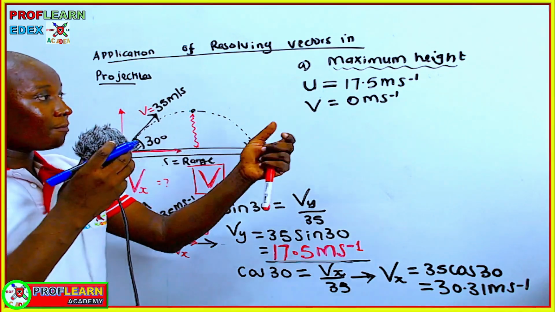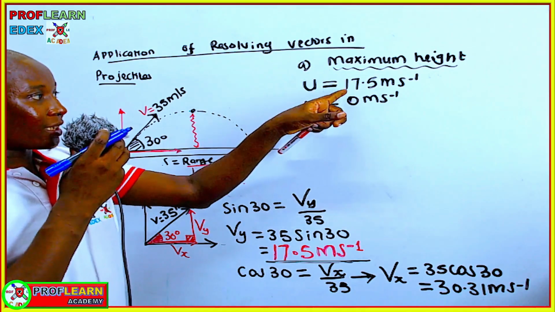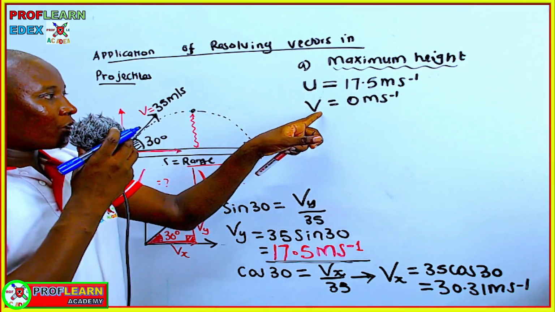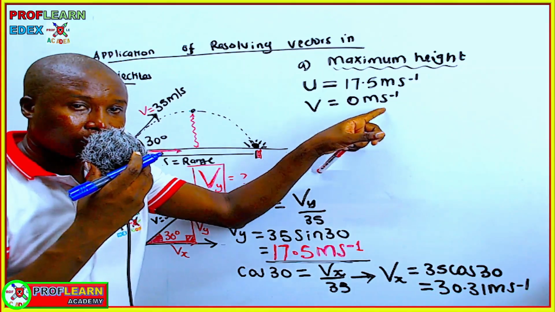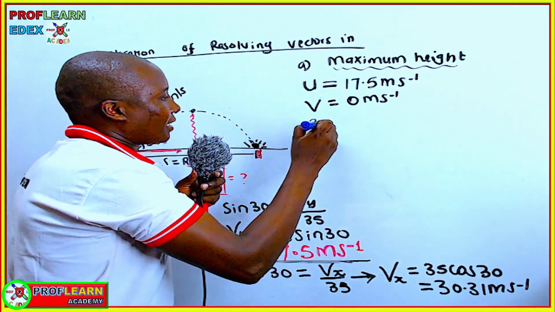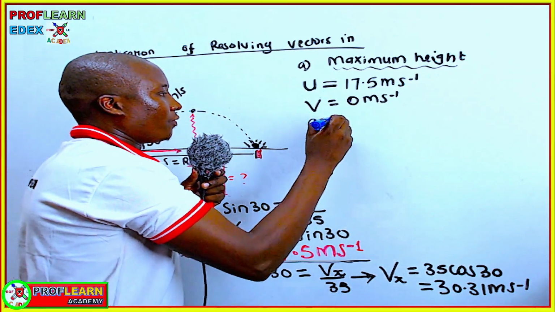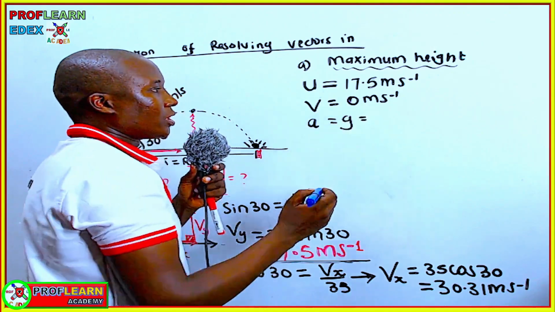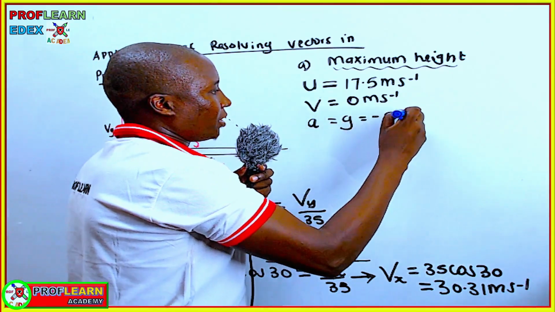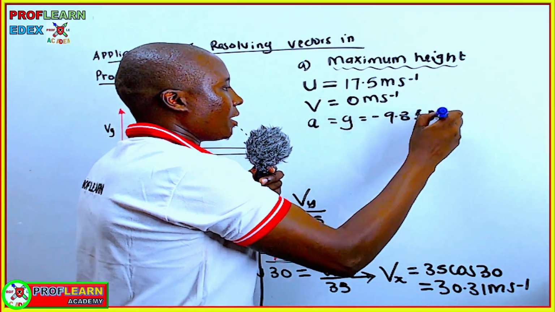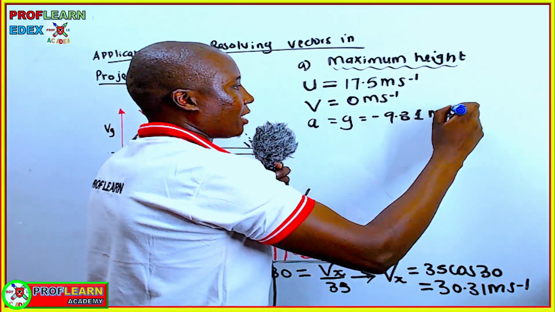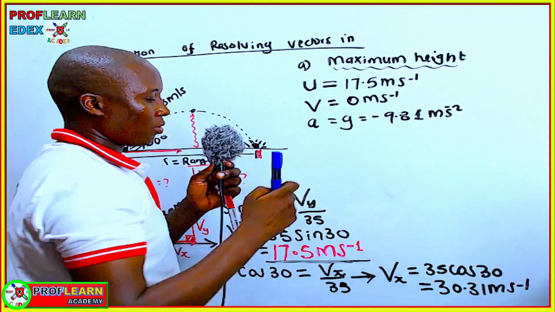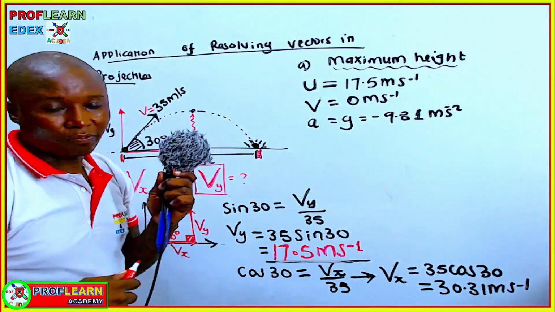So the object will be moving upward at 17.5, but it will slow down until it reaches 0 meters per second at the maximum point. The acceleration of this object is gravity, which is going to be negative 9.81 because the object is moving upward, so it's moving against gravity. That's why it's actually a negative value.